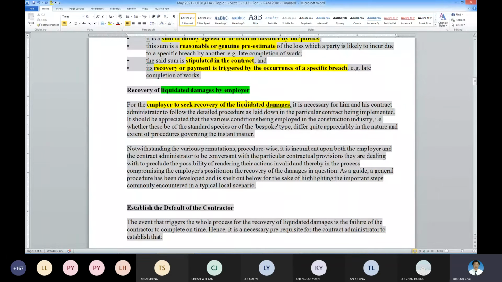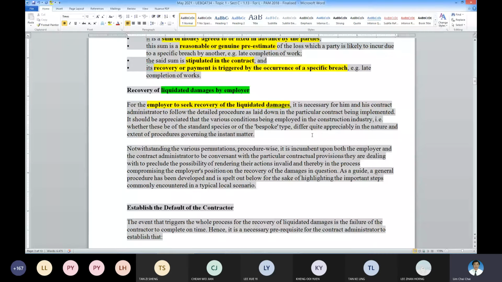The architect and QS can recommend what figures to deduct only, but never touch this one in your certificate, because it is a private arrangement, whether the employer wants to deduct it today or now or later or even doesn't want to deduct. It's up to the employer. It's nothing to do with the contract administrator.